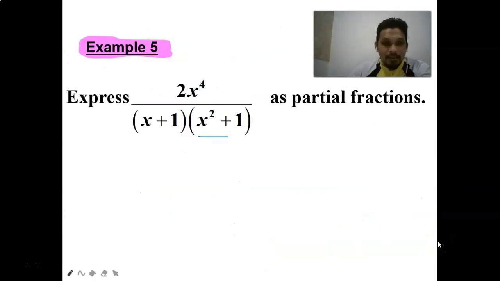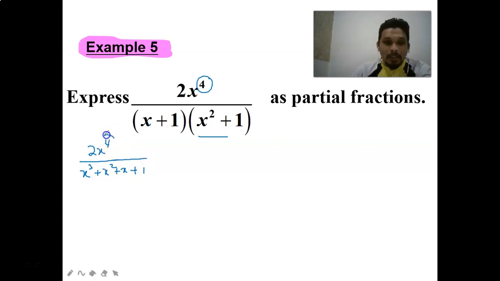Okay guys, look at this one here now. x to the power of 4 and x plus 1 multiplied with x squared plus 1. That's right. x times x equal to x cubed, x times 1 equal to x, 1 times x, x cubed plus x squared plus x plus 1.